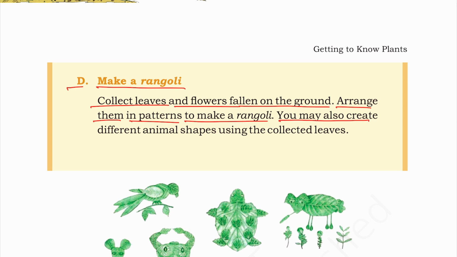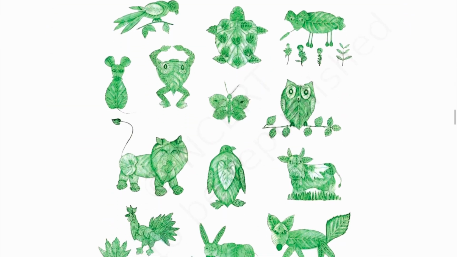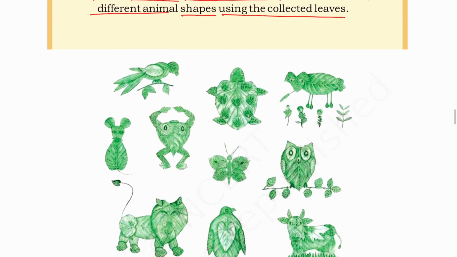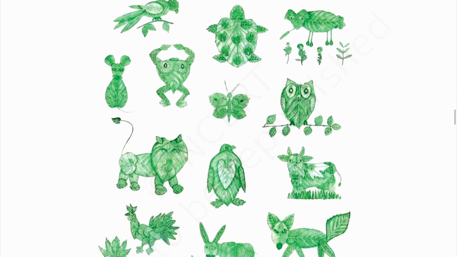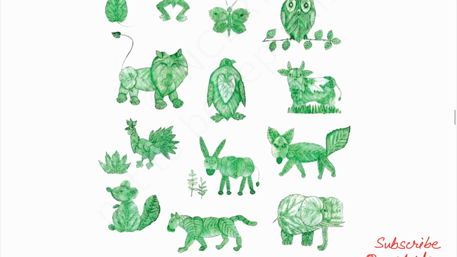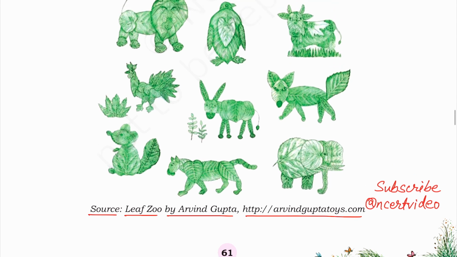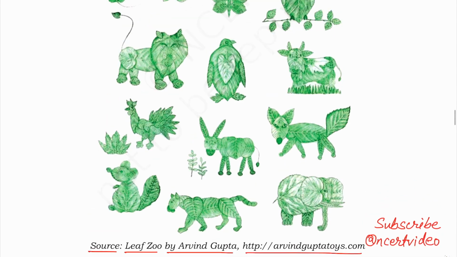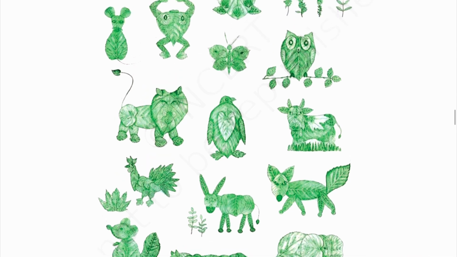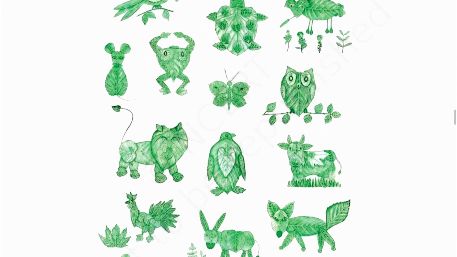You may also create different animal shapes using the collected leaves like this. Source: Leaf Chew by Arvind Gupta. You can visit this website. You can see different animals, birds and figurines made using leaves.